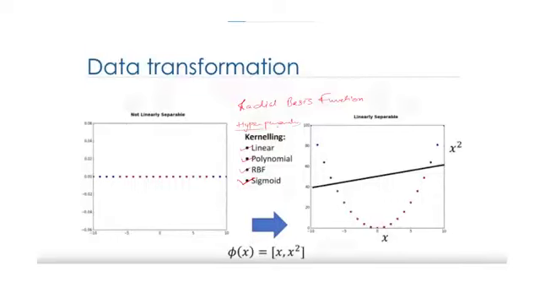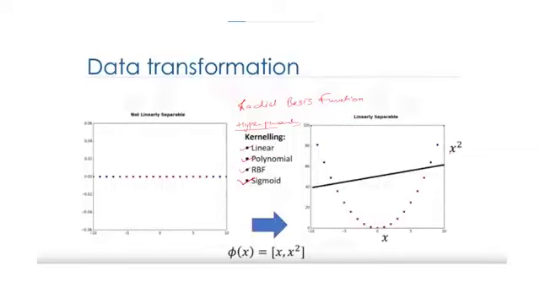We can use these kernels and see which kernel is working better on my data and through which kernel I'm getting a better accuracy. So what linear will do is it will not do any kind of transformation. The data, the way it is, it will try to find the linear separator.